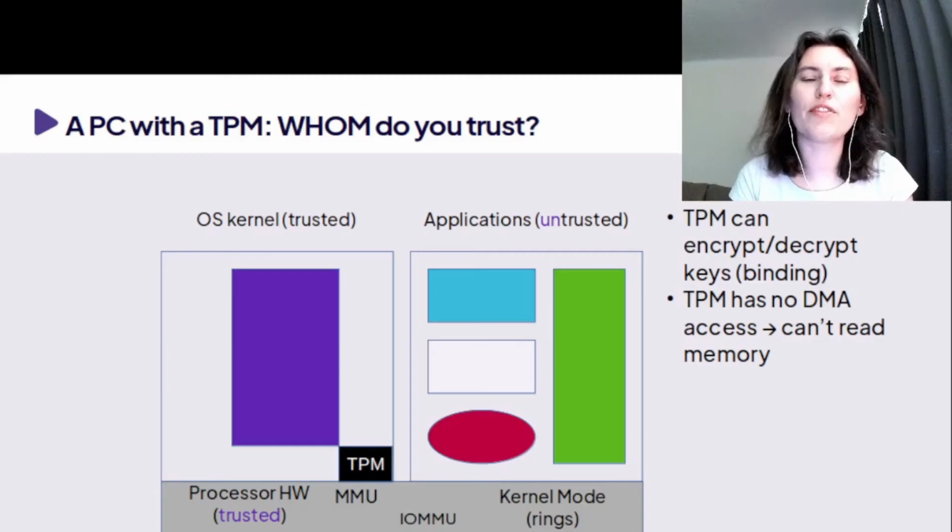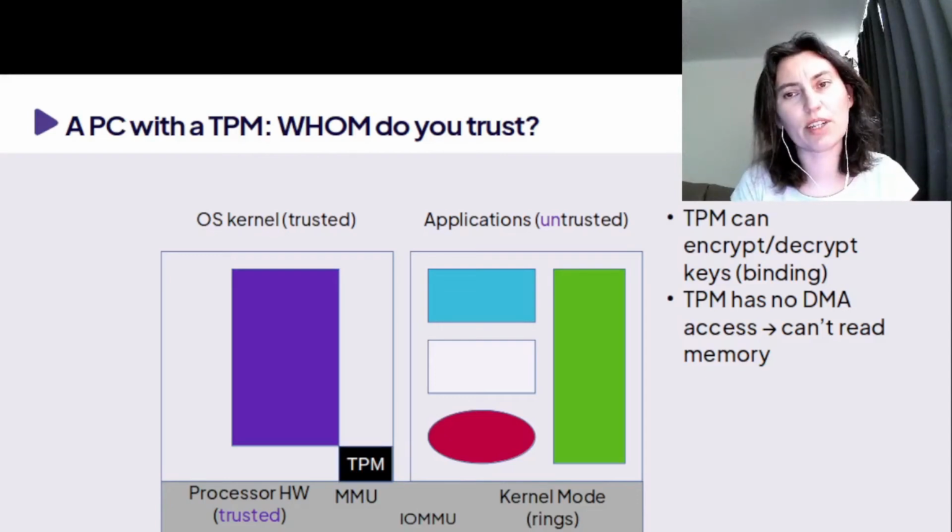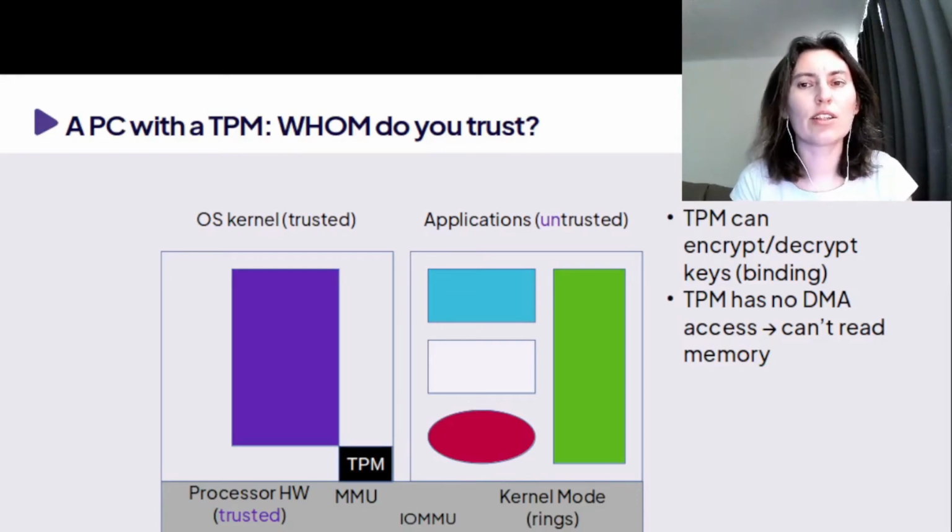In a system with a TPM, we are mostly in the situation of the general purpose system that we have seen before, and we add one more block, the TPM. The TPM can encrypt and decrypt keys, but it's quite limited because it doesn't have DMA access.